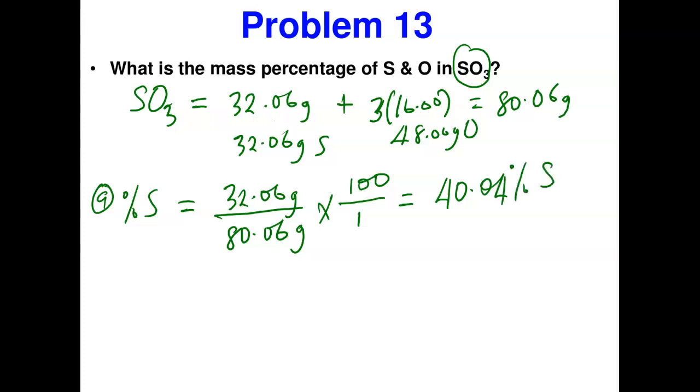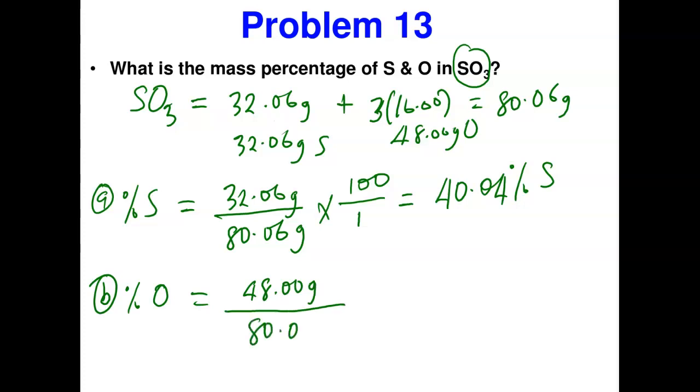On the other hand, this one is the percentage of oxygen. Percentage of oxygen will be 48.00 grams divided by 80.06 grams times 100.